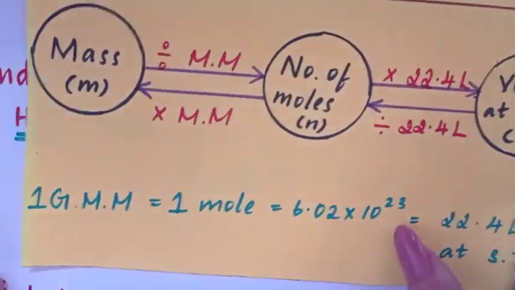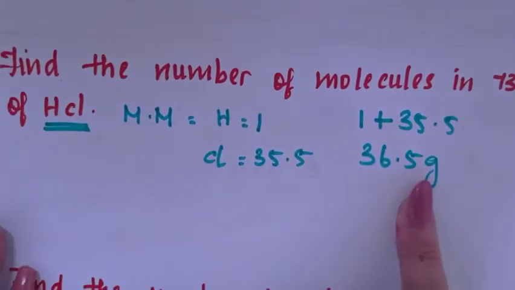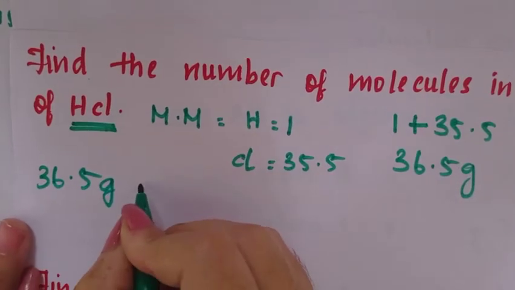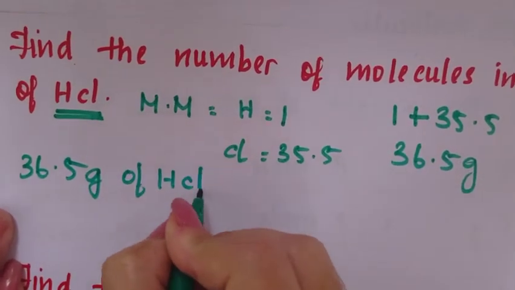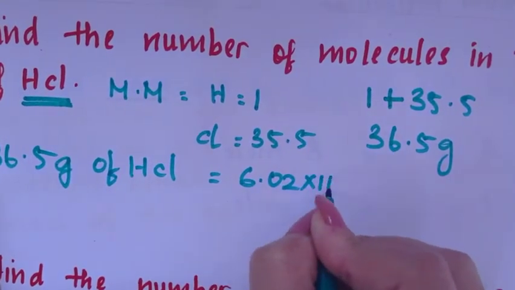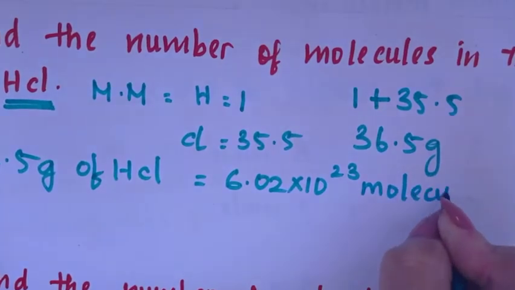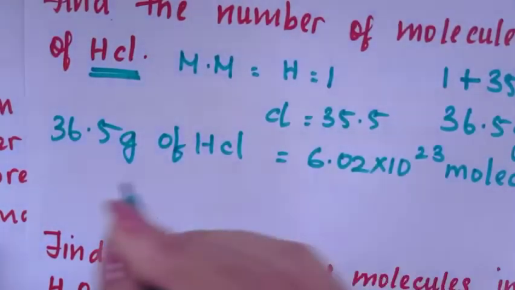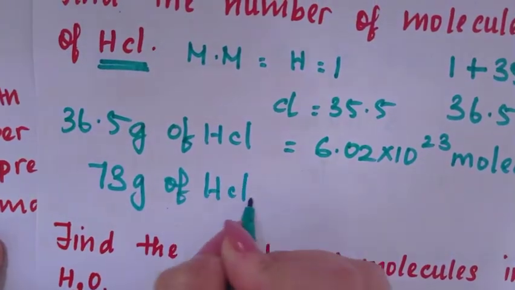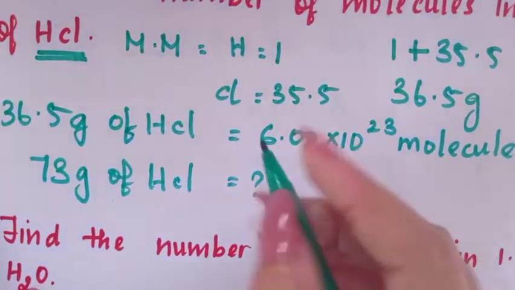Okay, so 1 molecular mass, that is 36.5 gram of HCl. In that, how many molecules will be present? 6.02 into 10 power 23 molecules will be present. What we have to find? In 73 gram of HCl, how many molecules are present? Okay, so from where we have to find?